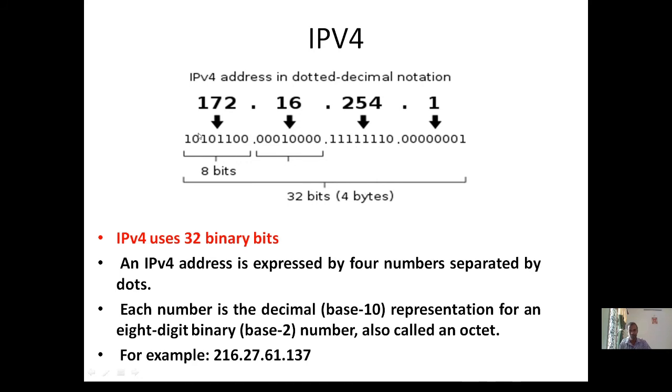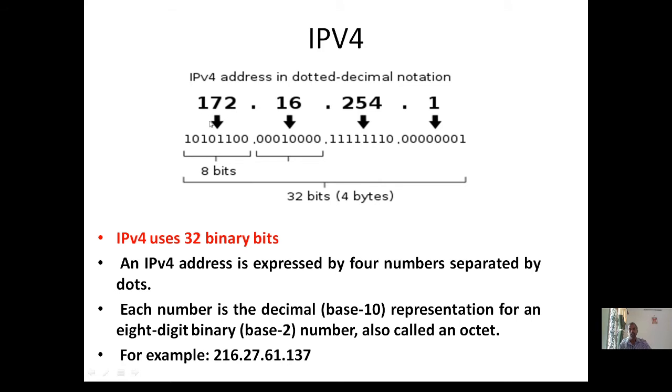This 8 bits is represented in decimal as 172. This number is represented in decimal as 16. This is represented in decimal as 254. Then this number is represented in decimal as 1.